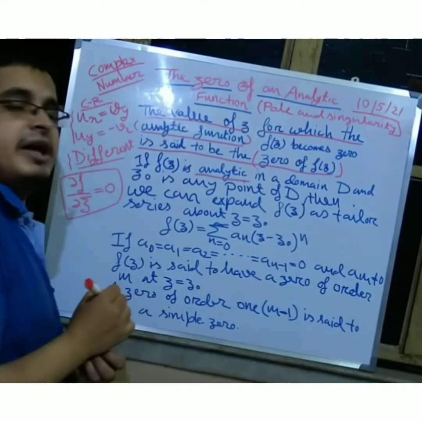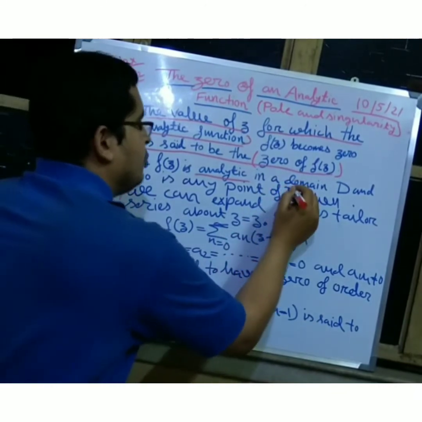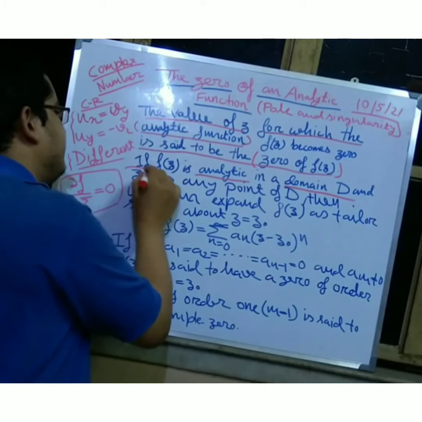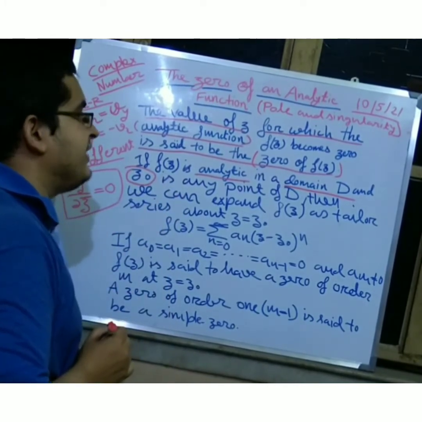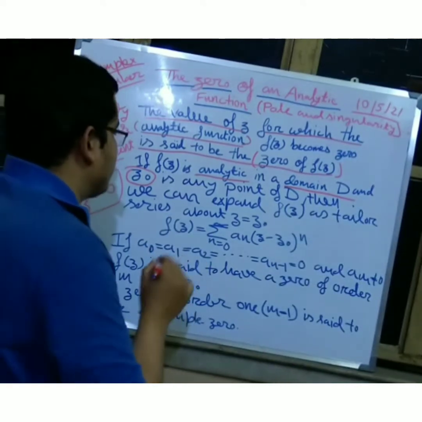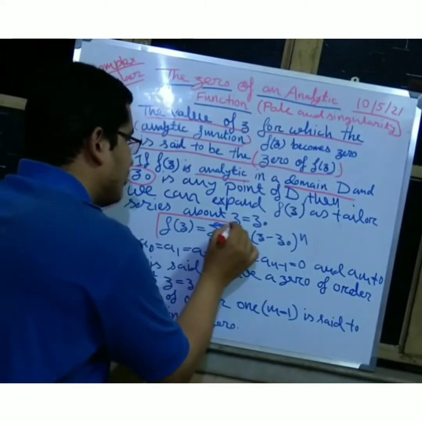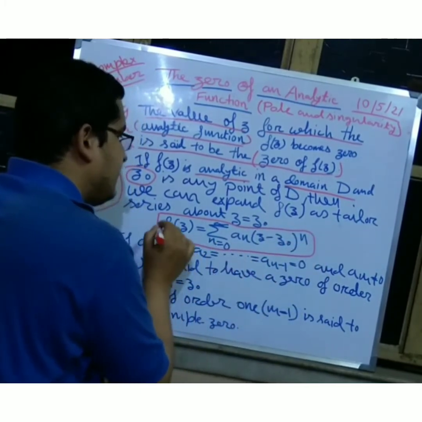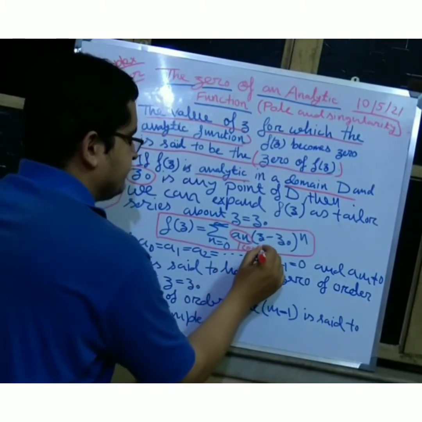If f(z) is analytic in a domain D, and z0 is any point of D, then we can express f(z) as a Taylor series: f(z) equals the sum from n equals 0 to infinity of a_n (z minus z0)^n, where a_n is a coefficient.